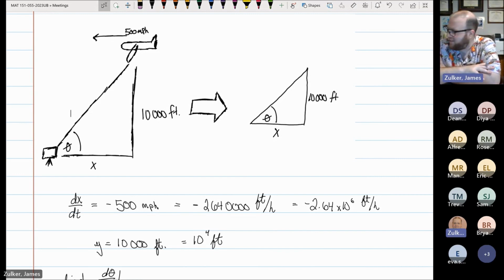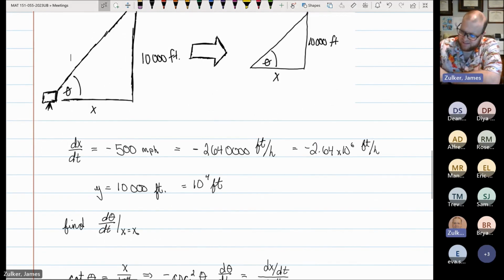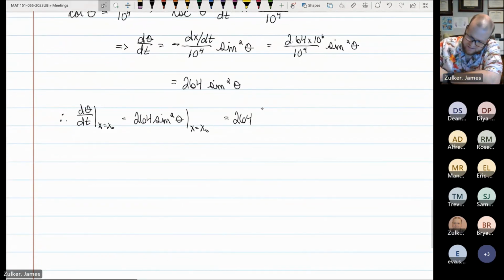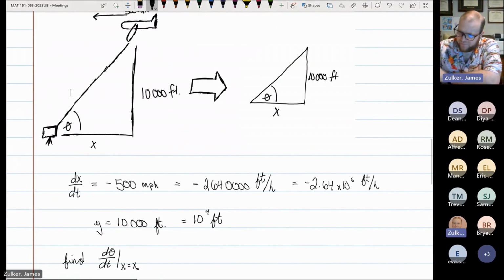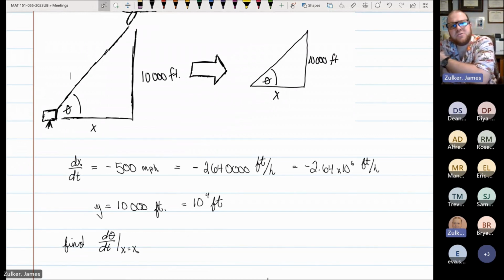Sine of theta is what? Opposite over hypotenuse, right? The opposite's 10 to the fourth. But what's the hypotenuse?